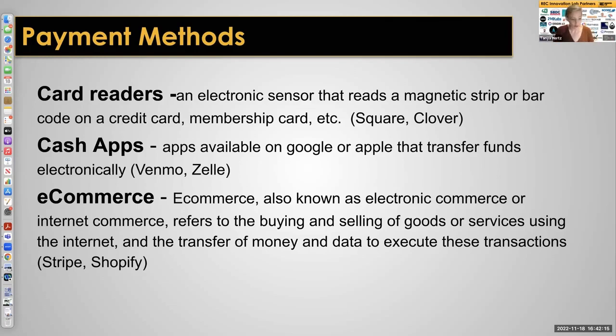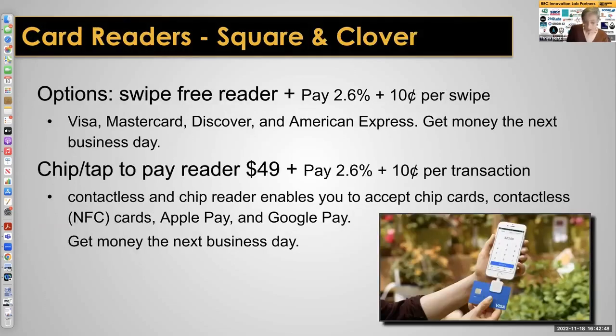This is the buying and selling of goods or services using the internet and transferring money and data, executing these transactions. So this is also something important to keep in mind, who's actually collecting the money on behalf of the customers. Shopify, again, you can integrate Shopify's payment methods through your own website, no matter who you use for web hosting and web design. You can also just use them exclusively for your web hosting, web design.